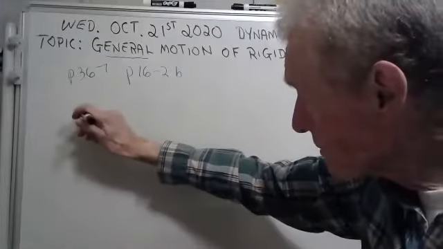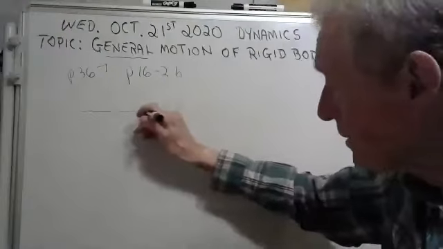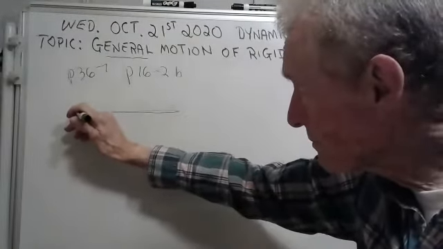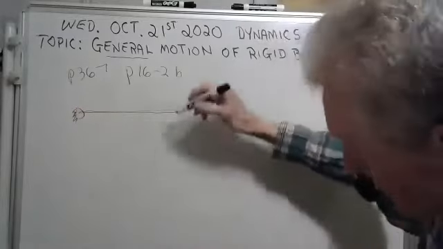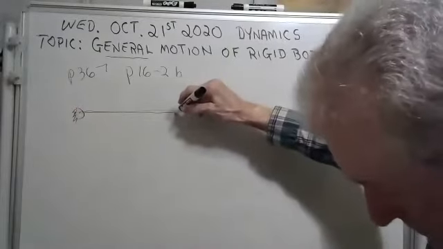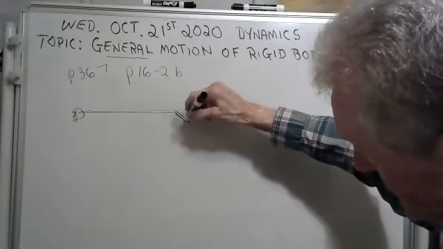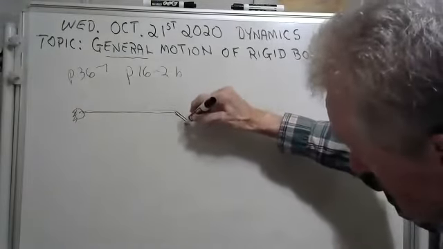It's on page 367. Well, they've got this long rod here, smooth pin, and then they have a kind of a connecting rod here and a piston.